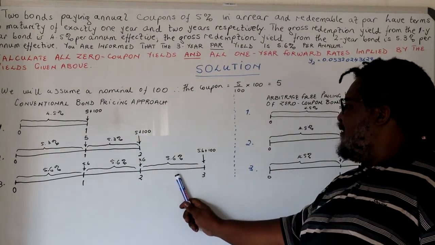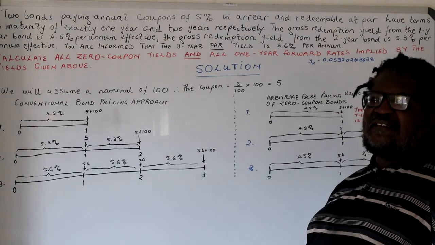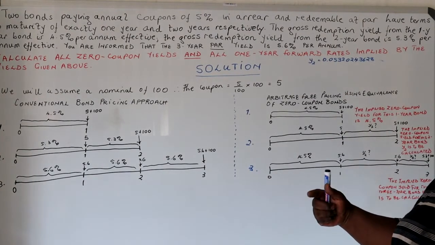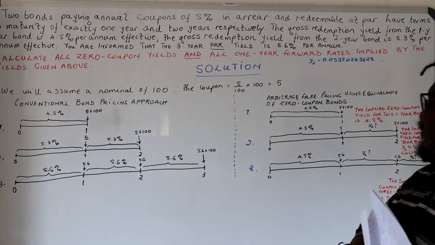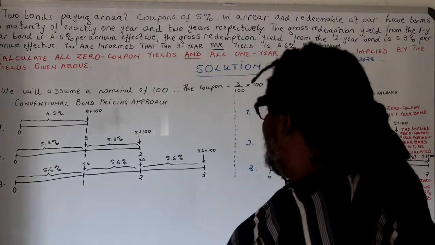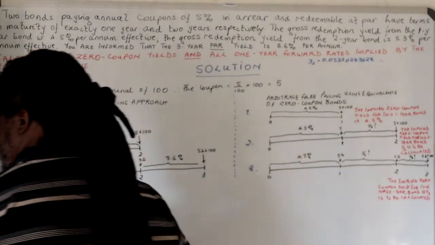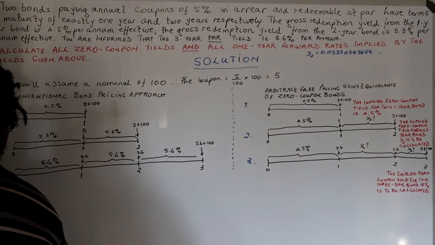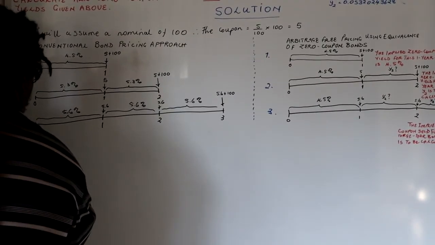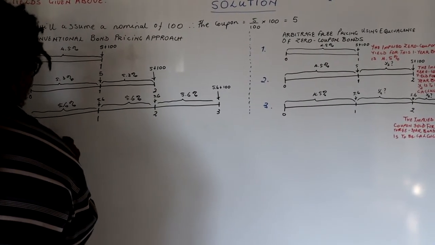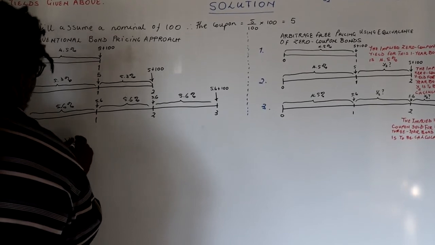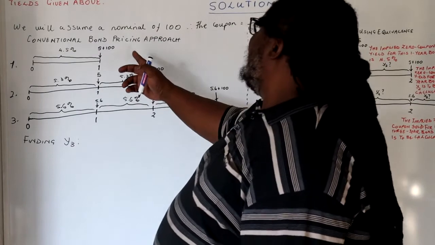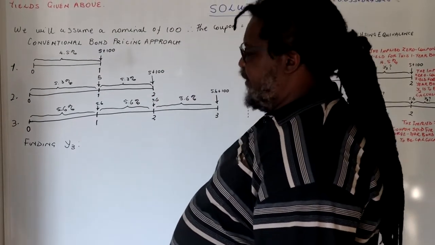So the yield and the discounting rate, the coupon rate coincide. So just for the fullness of things, we are going to say finding y3 using the conventional bond pricing approach.